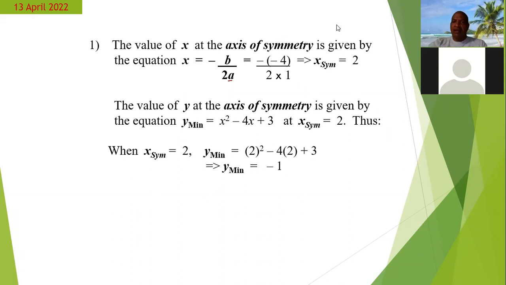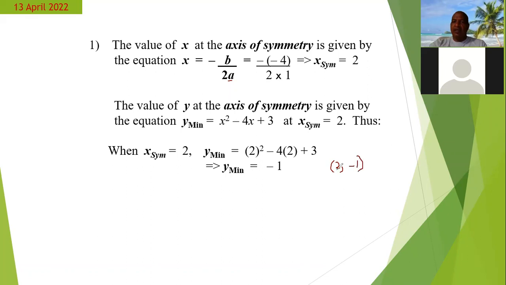Now, the value of the x of symmetry and the value of the y min will give you a point, which we call a turning point. To write this in coordinate form, you would write the x value first, which is 2, and then the -1.